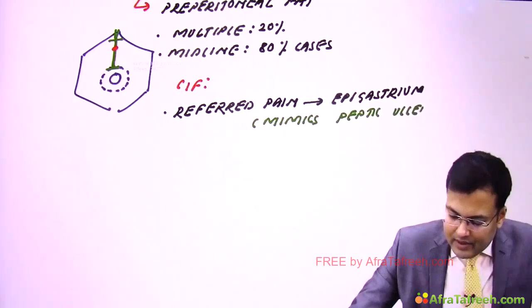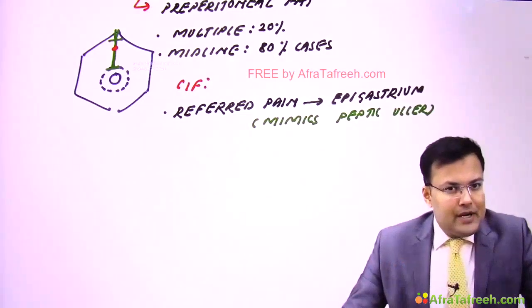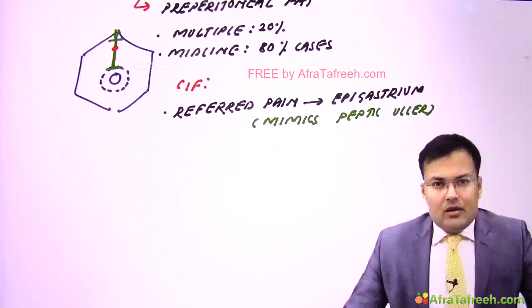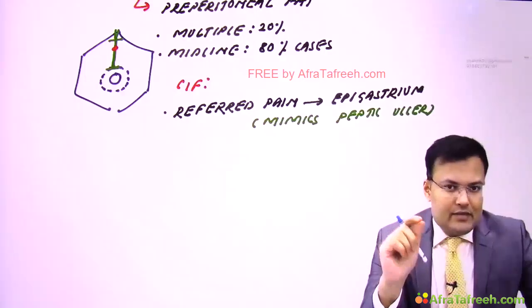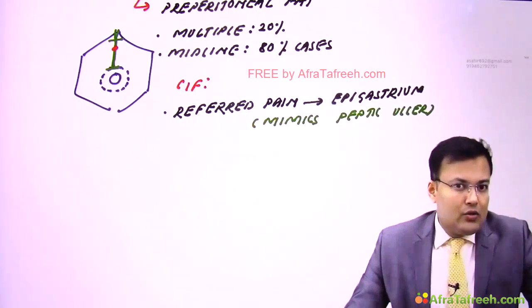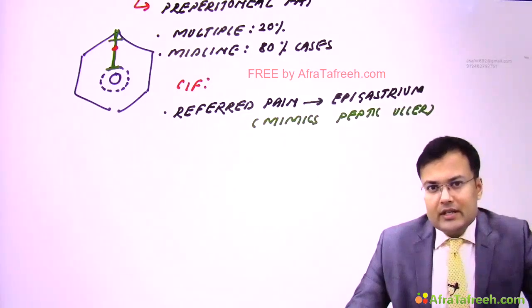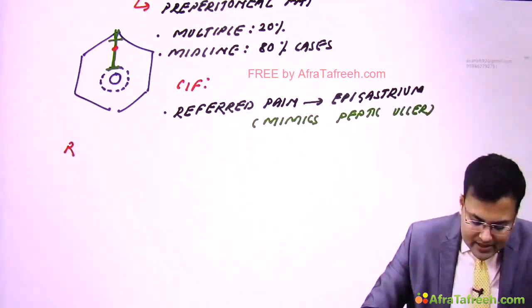Okay. Now how we are going to treat it? It's very easy. See, there is herniation of pre-peritoneal fat. So we are going to excise that pre-peritoneal fat, and the defect is very small. Generally we close the defect. But whenever the size of defect is more than 4 centimeter, in those cases generally we use mesh. So how we are going to treat the epigastric hernia?